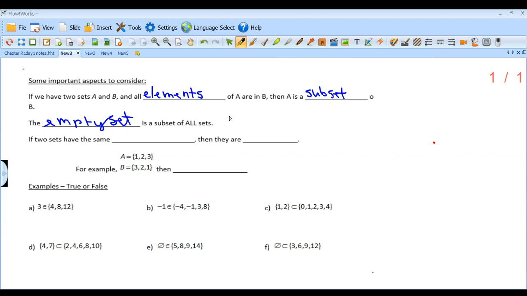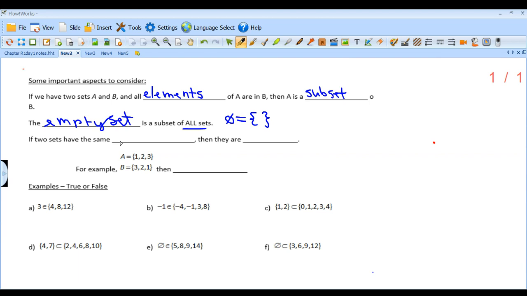Now, it's hard to imagine this, but we know that the empty set has no elements inside it. And because it has no elements inside of it, it's also an element of any given set. So therefore, it has to be a subset of all sets.